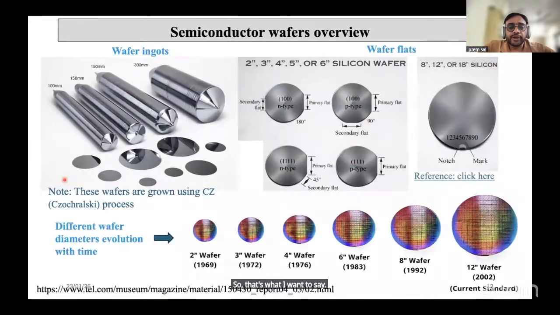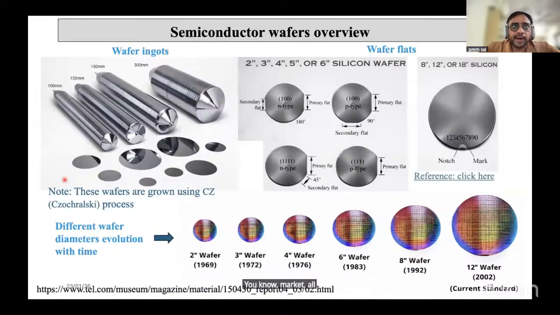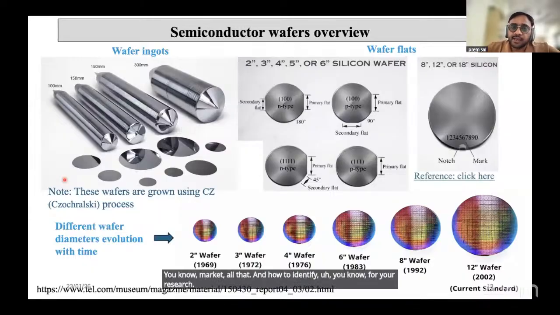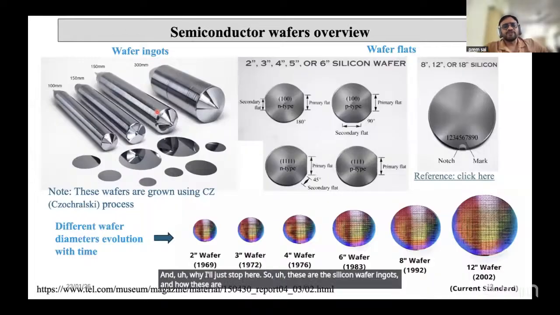Now, before going into unit processes, I just want to show how the wafers are made, and the information regarding wafers in the market and how to identify them for your research. These are the silicon wafer ingots, and how these are made, you might have seen in a lot of videos.